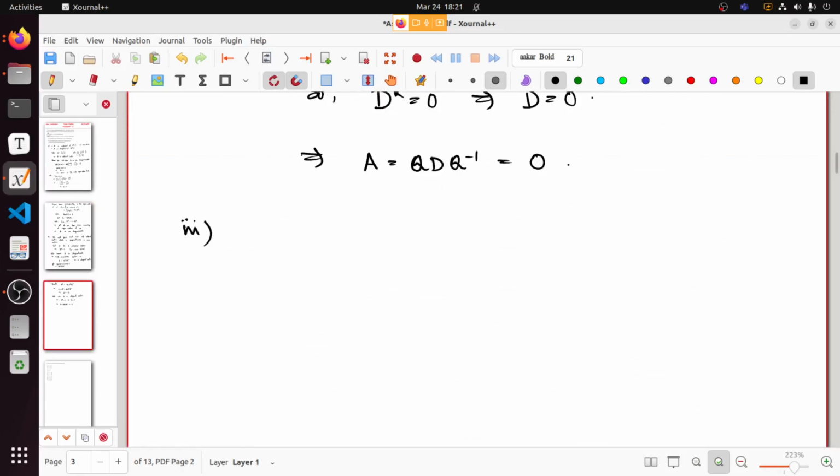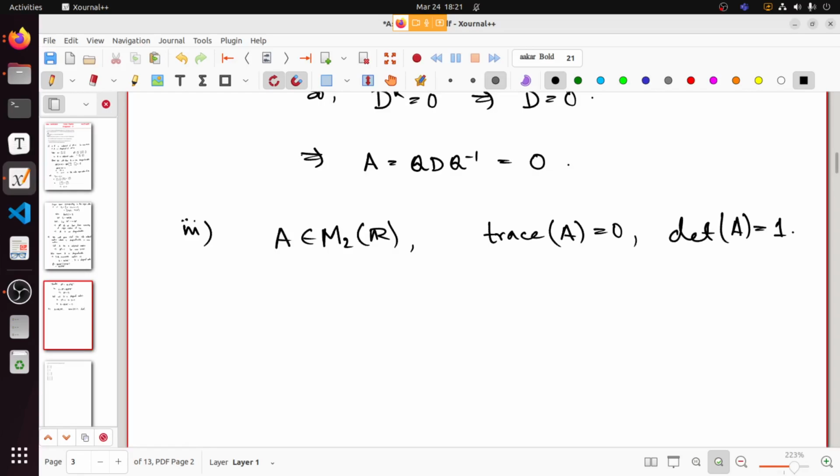So option number 3: A belongs to M2 of R, trace of A is 0 and determinant of A is 1. We have to check that A is diagonalizable or not.